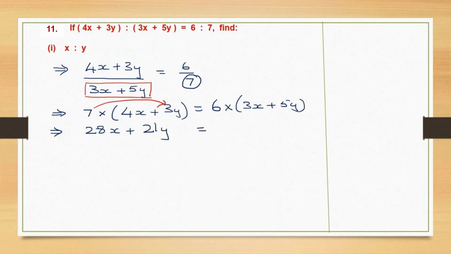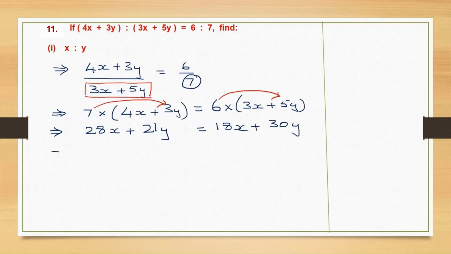Now similarly on this side, first we multiply 6 into 3x. 6 3s are 18, 18x. So we finish multiplying with 3x. Now we're going to multiply 6 into 5y. So plus 6 5s are 30, 30y.